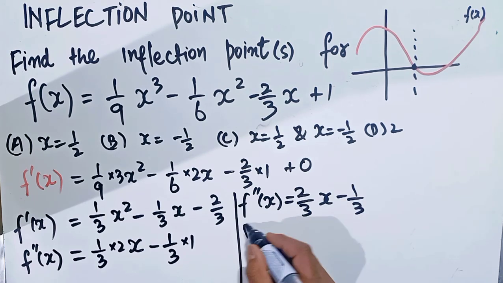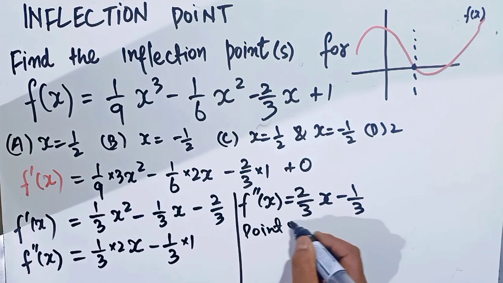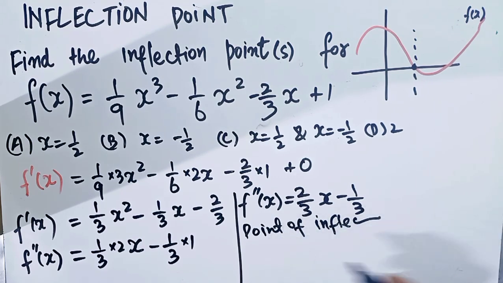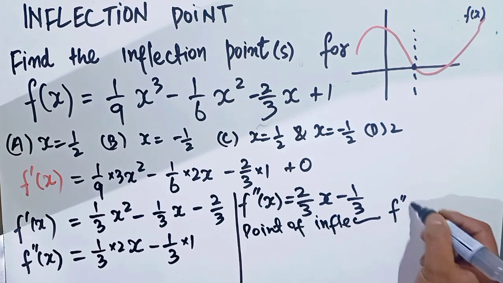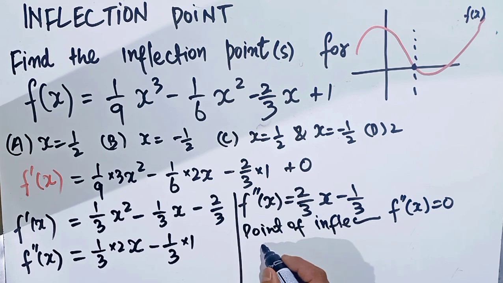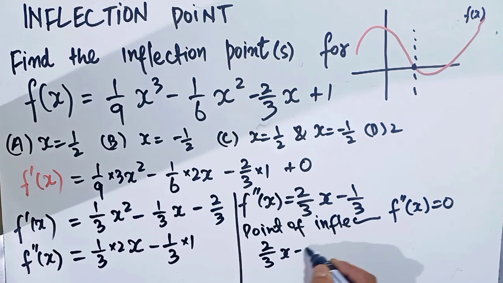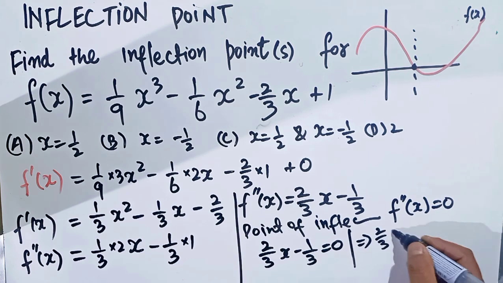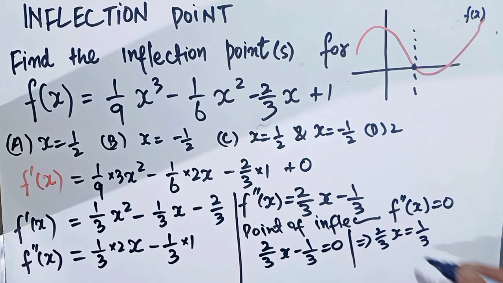So the point of inflection occurs at a point where we set the second derivative equal to 0. That means 2/3 x minus 1/3 is equal to 0. Solving for x, this implies 2/3 x is equal to 1/3, which means x will be equal to 1/3 transposing this 2/3, it will become 3/2.